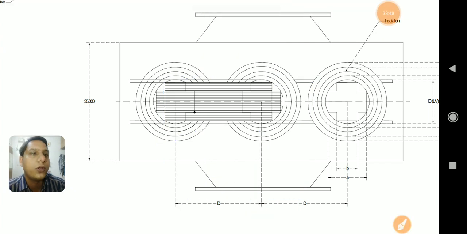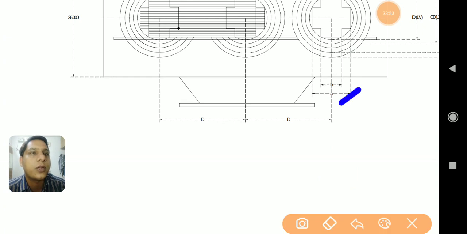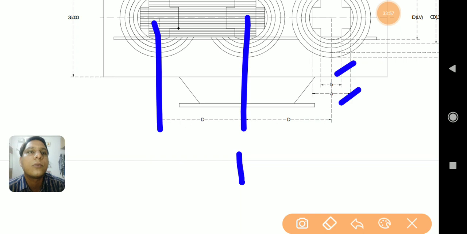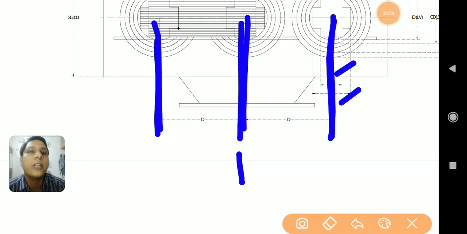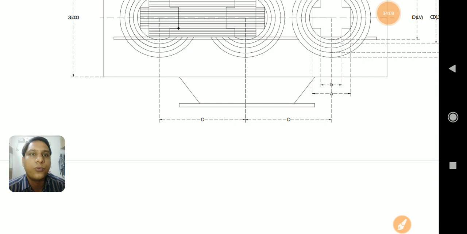So I hope you can understand this small a and small b, which is shown over here. Then the distance between centers of two cores, or distance between centers of two limbs, is represented here with capital D. So this must be capital D, this is also capital D. I hope you understood this.